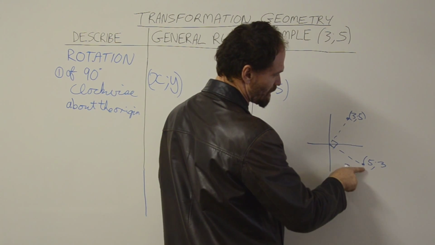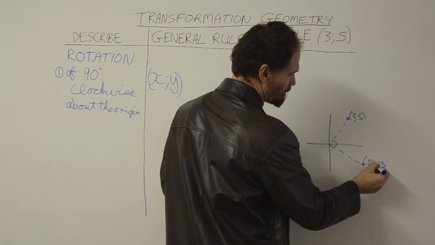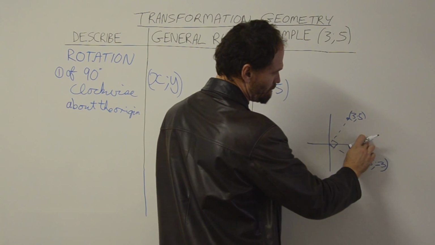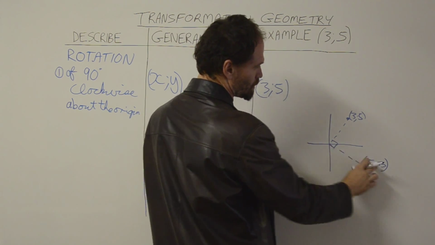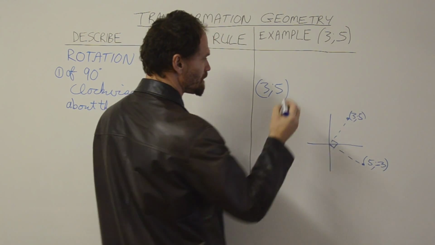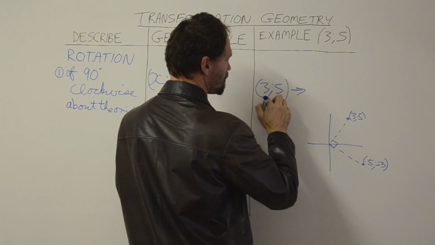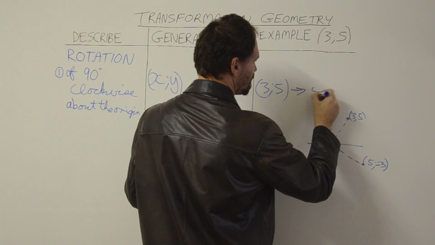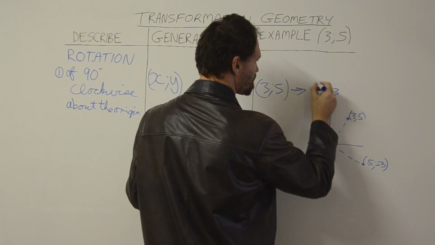This is the negative side for the y, so it becomes 5 and negative 3. So they swap around and the y value becomes the opposite of what it was. So 3, 5 becomes 5, negative 3.